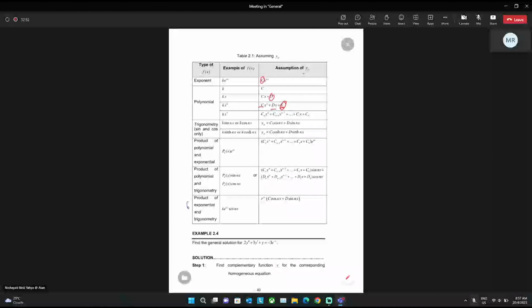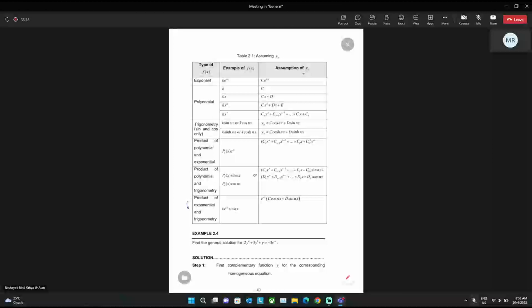These are constant coefficients that you need to find using equating coefficients. What you have learned in the previous chapter, chapter 1, about ODEs, you will use in the following chapter.